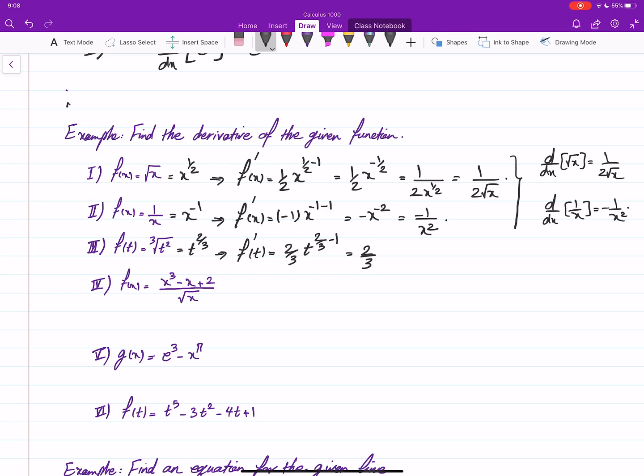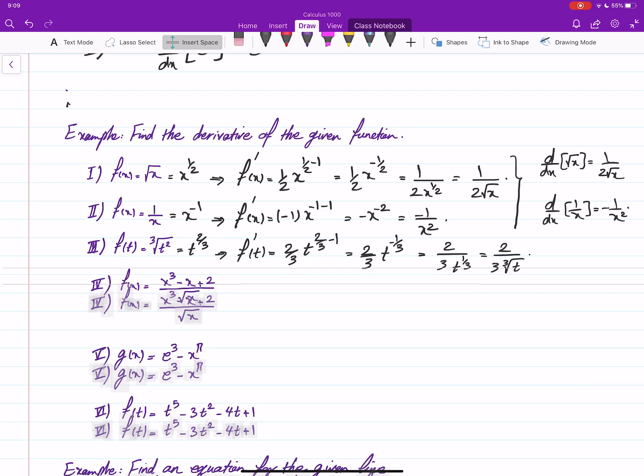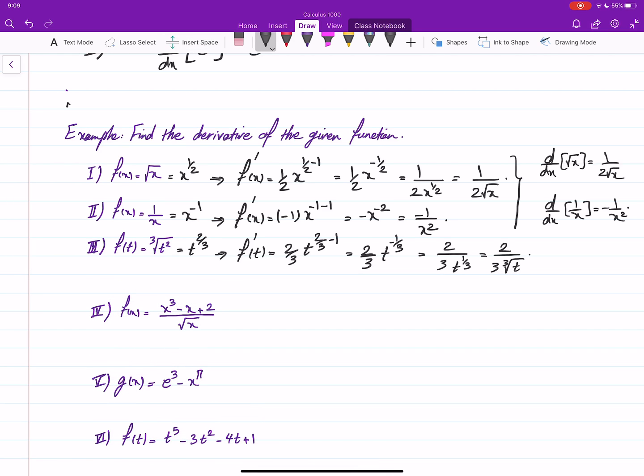This is 2 thirds t to the power negative 1 over 3. This goes to the denominator, and this is the third root of t. As you can see, you can do this. I'm assuming that you have worked with these rules, and this is just a quick review of these rules here.